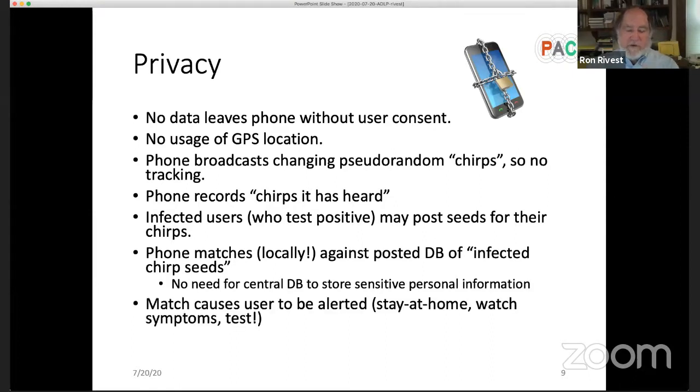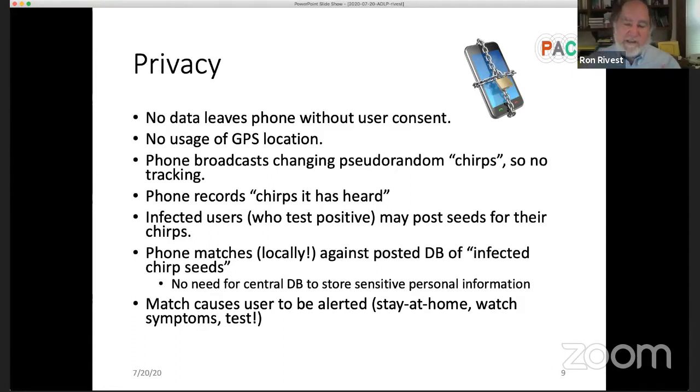So once a phone determines that it has heard a chirp by a person who later was infected, they can then be alerted and maybe have a discussion with a manual contact tracer, be advised whether they should stay at home, watch for symptoms, get tested, et cetera, et cetera.